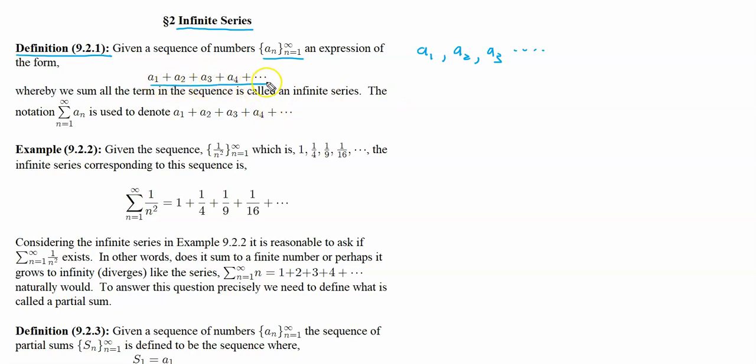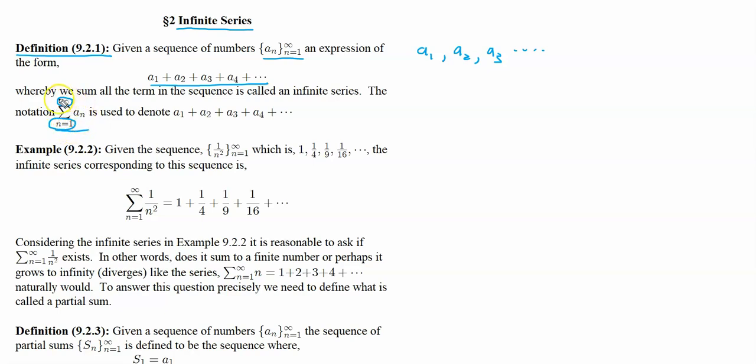Now the notation that we use for this is right here. This is our notation for an infinite series. This is called your summation symbol. That Greek sigma right there, that's your summation symbol. Notice you have down here your indexing variable, the n. So this says that n goes from 1 all the way to infinity.